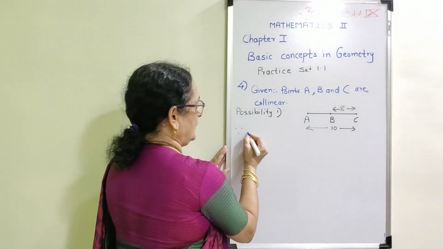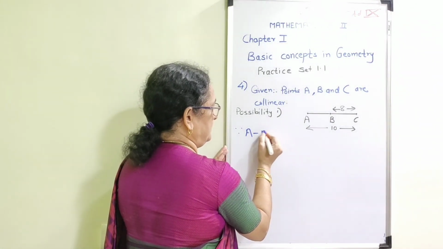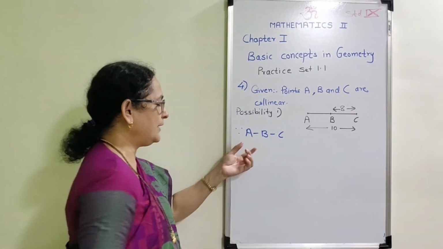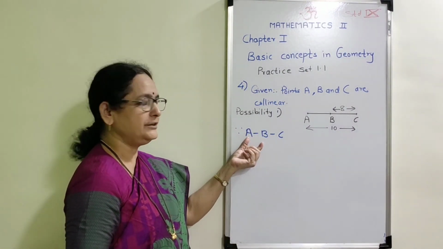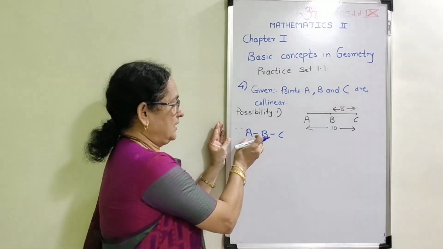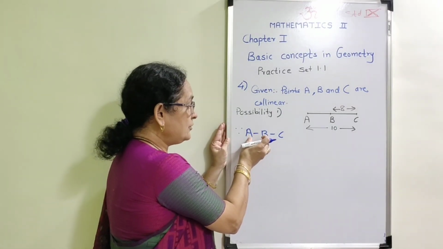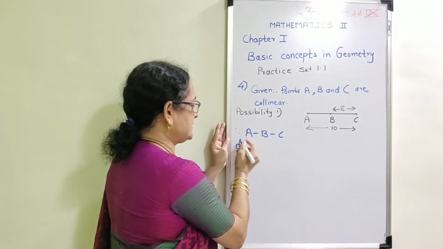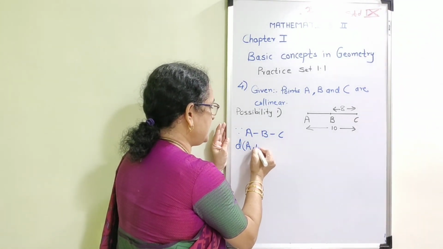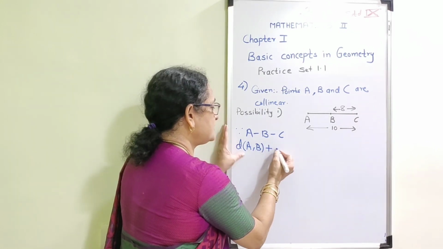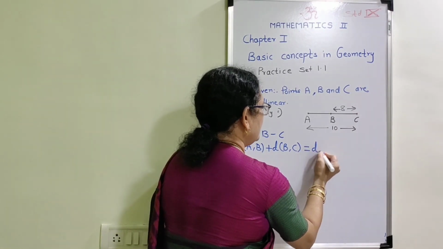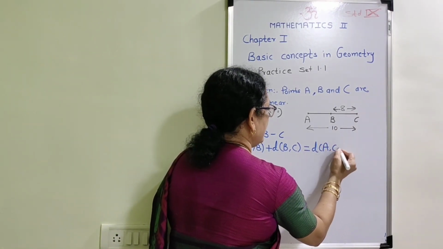Since A dash B dash C, when you represent the definition in terms of the formula, since I want to find out distance AB, I am going to write on the left hand side distance AB plus distance BC is equal to distance AC.